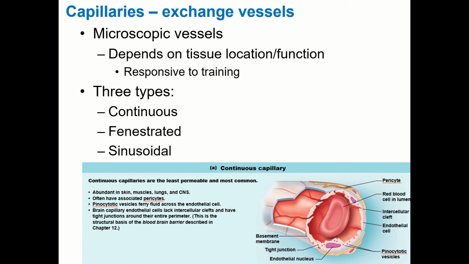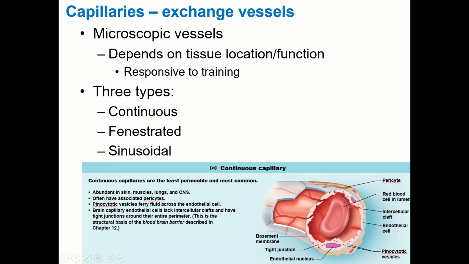And those keep things from passing between the endothelial cells. Now we can loosen them under certain circumstances. For example, we talked about inflammation, allowing white blood cells to pass between the endothelial cells. So we can loosen those junctions if we need to. But under normal circumstances, you've got some good tight junctions here.